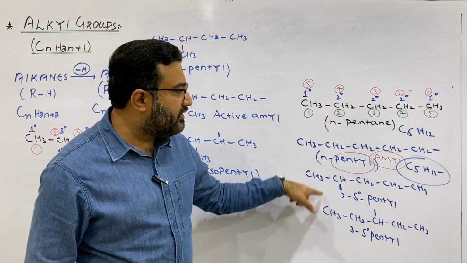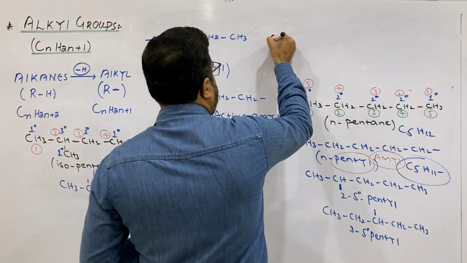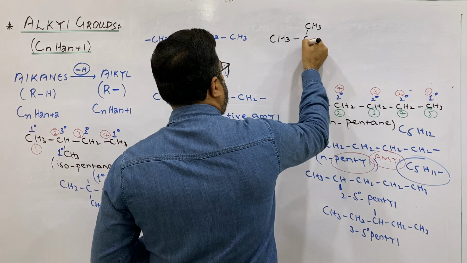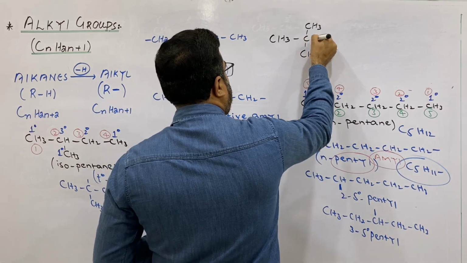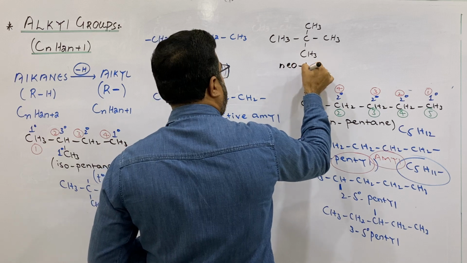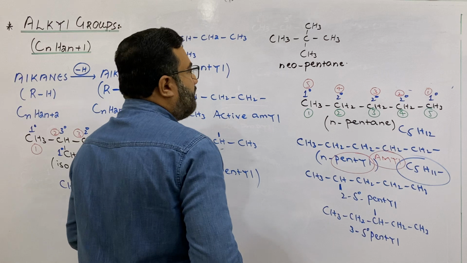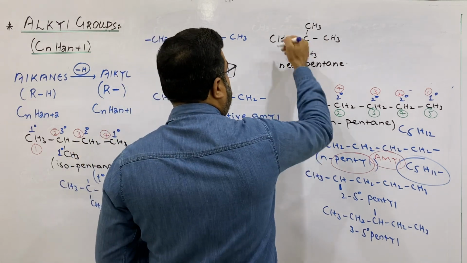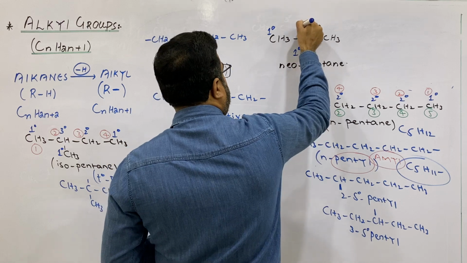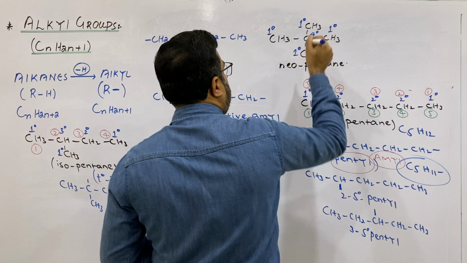The three types are from normal pentane, and the last isomer of pentane is very simple. It is neopentane. Neopentane has all these equivalent carbons which are primary carbons, and one is the quaternary carbon.